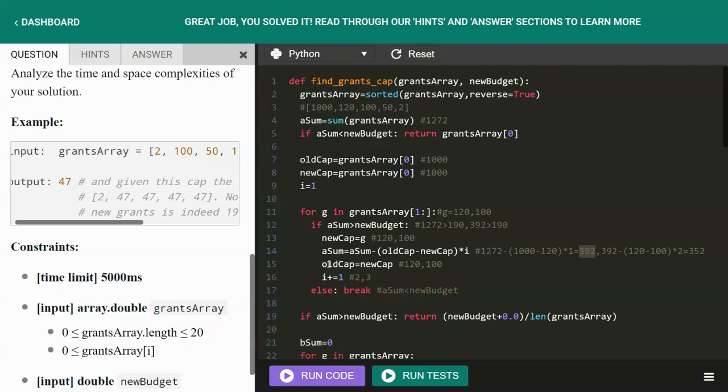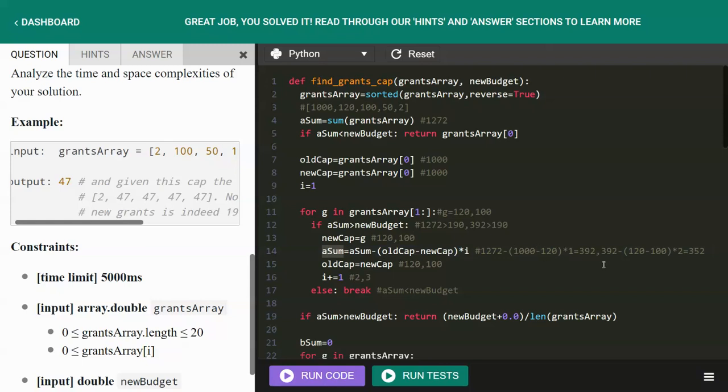So after we do the arithmetic, the new running sum will be 392. And so now we record the new cap and push it to the old cap, which is 120 in this case, and increase the index. In the next iteration, we got 392, which is greater than 190. Then the new cap will be set to the third largest grant, which is 100.